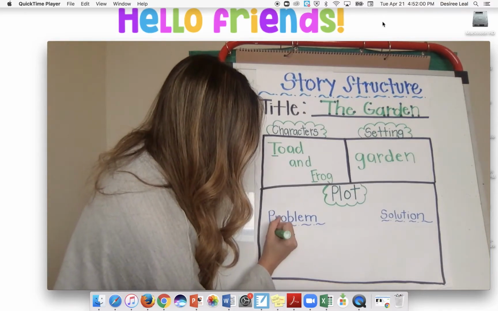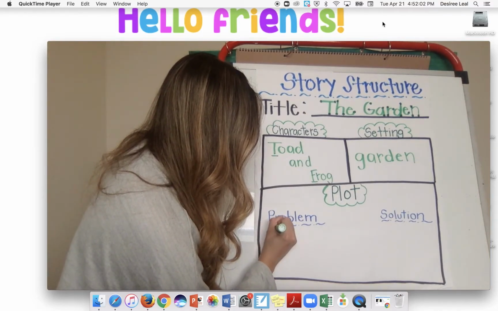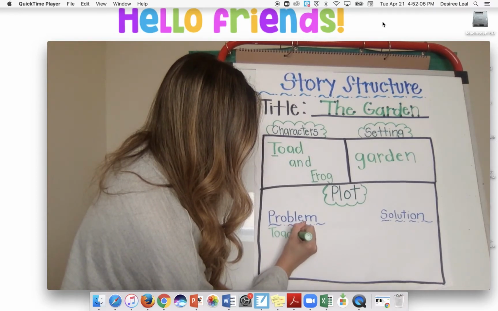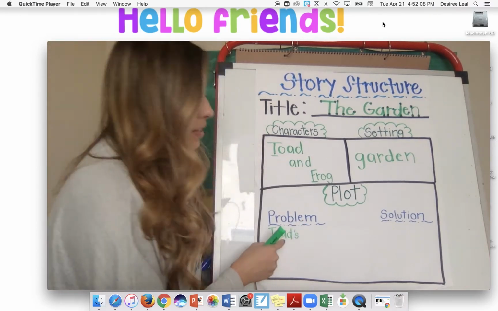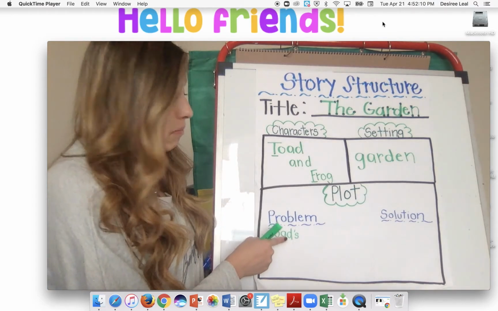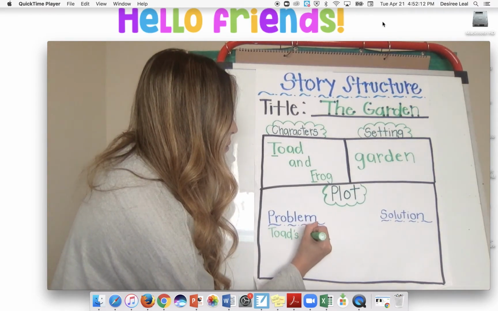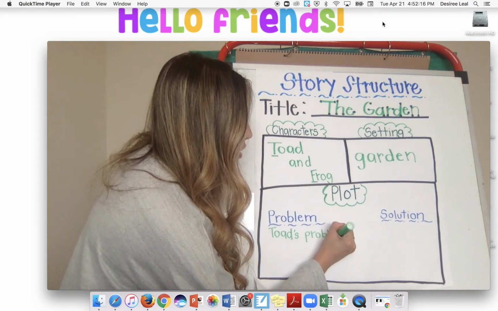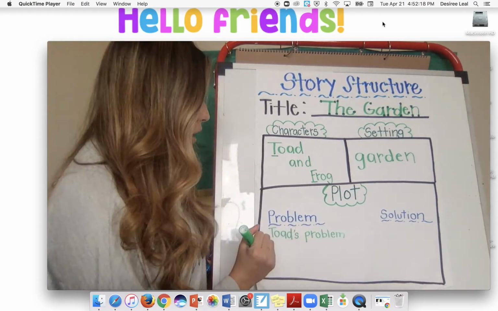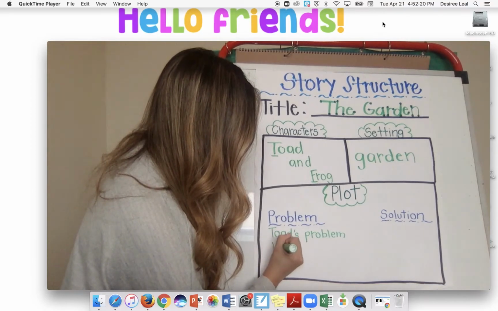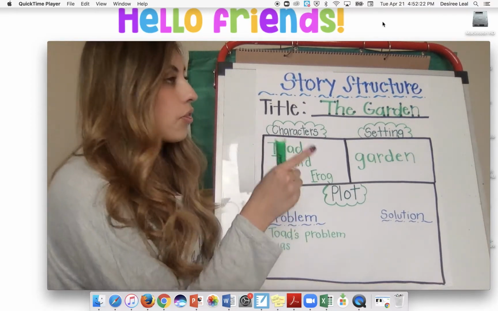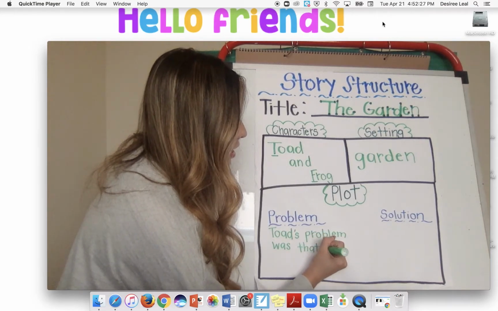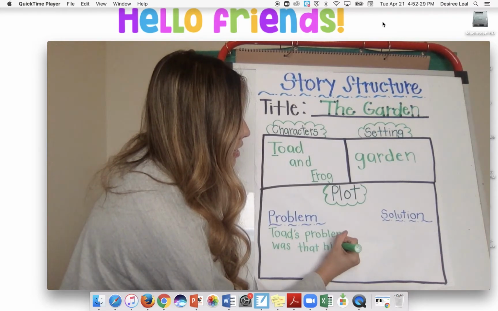So I'm going to put here, Toad's, and apostrophe S because the problem belongs to him. Toad's problem was that his seeds would not grow.